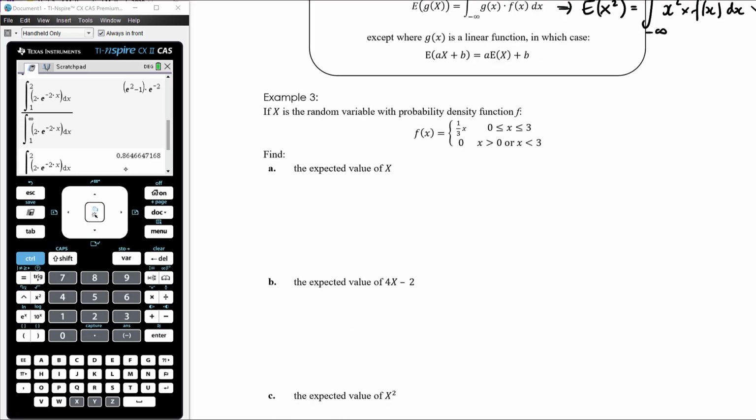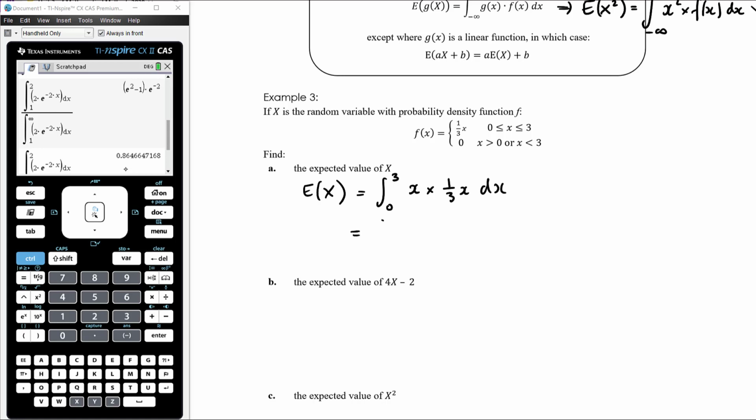If x is the random variable with probability density function f, find the expected value of x. In this case, the expected value of x is going to be the integral from 0 to 3 of x times the probability density function.